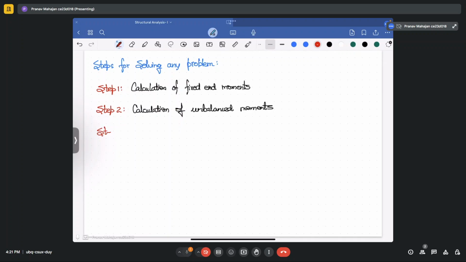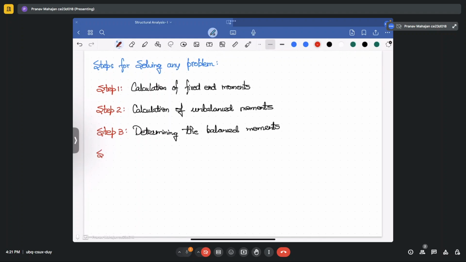Step 3 will be determining the balance moment. Then you will determine the balance moment, that will be the negative of the unbalanced moment that is there in the structure.